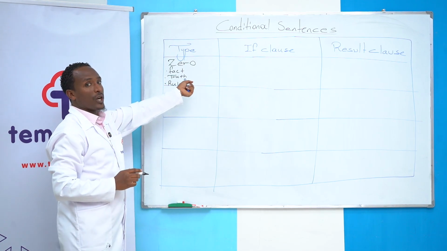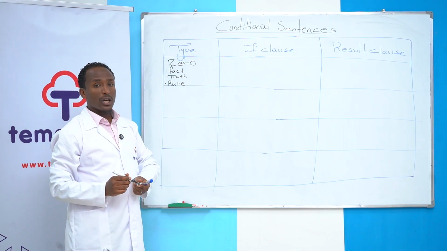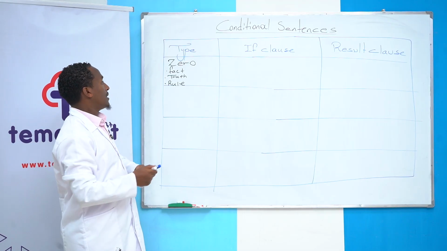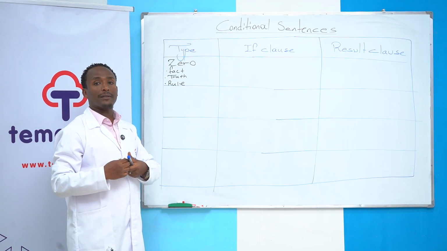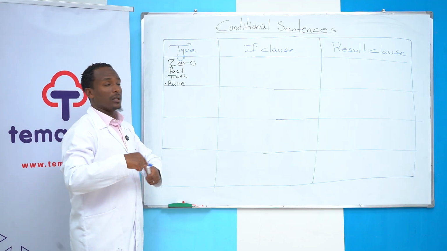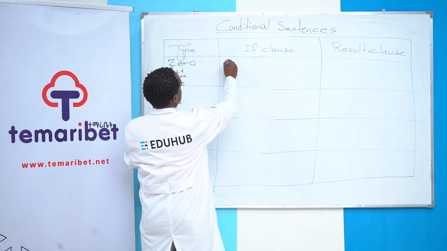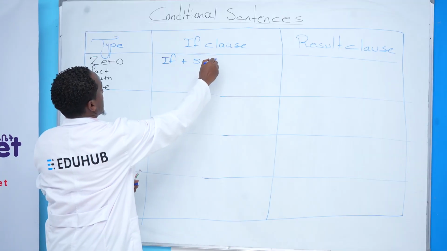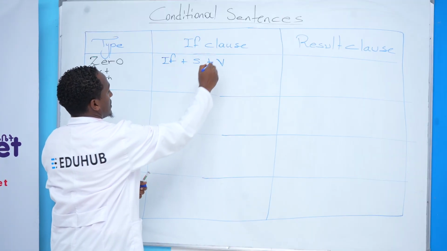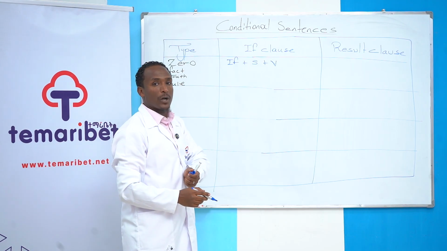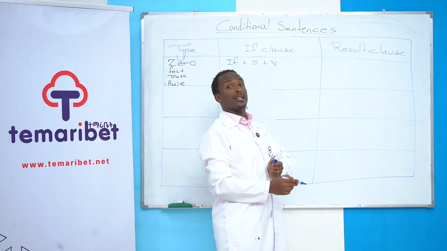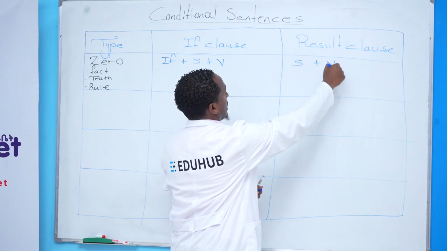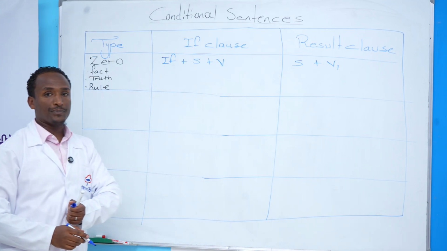The ideas you are going to raise here are facts. The pattern in the if clause is if plus subject plus verb 1. And the form in the main clause or the result clause is subject plus also verb 1.